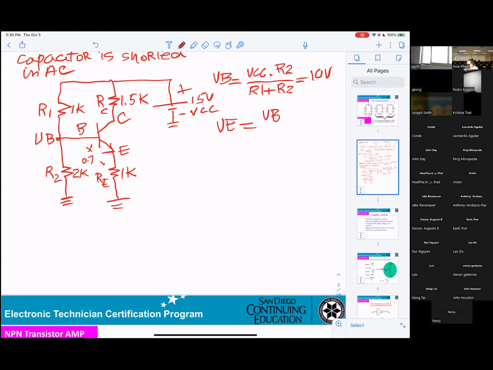They will be minus 0.7, and it will be 9.3. Correct? Yep.